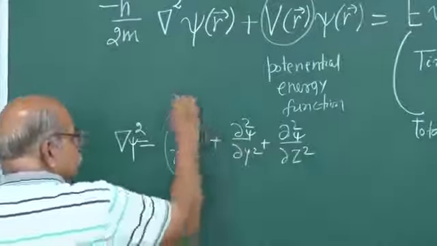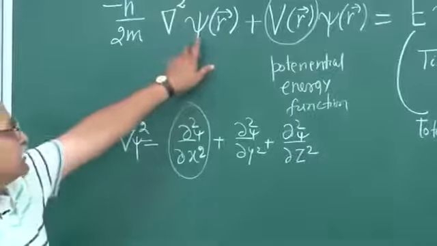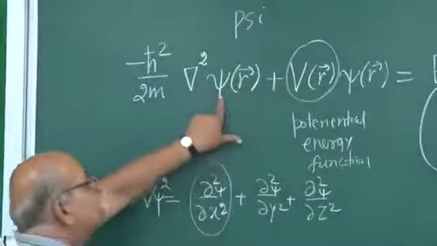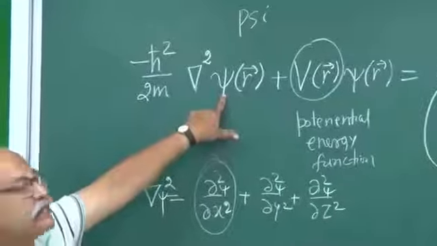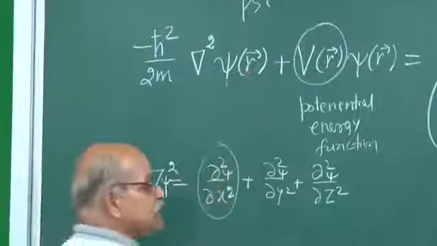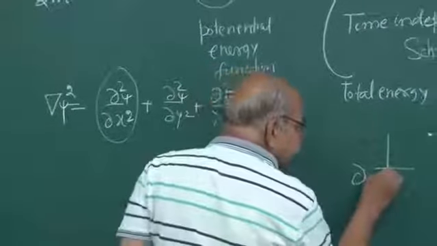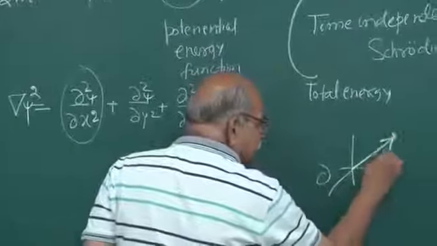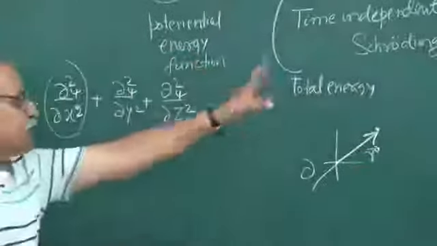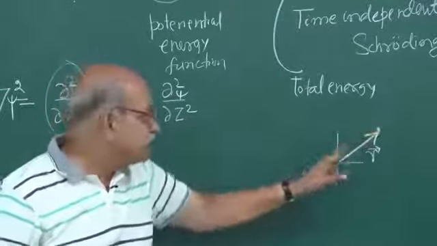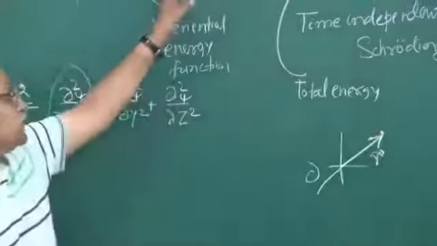And what does this mean? This psi, we call it psi, a Greek letter, is a function of a space point. That means I have some origin somewhere, and this is that position r. Different points in space have different position vectors, and it is this position vector that I have written here.